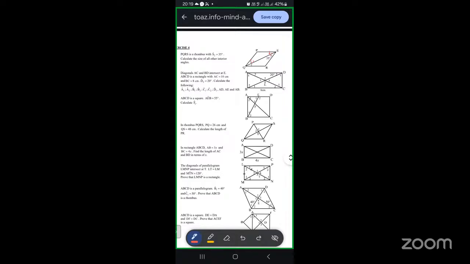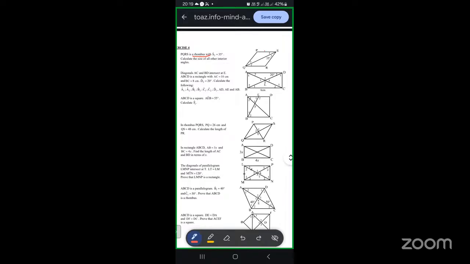But in order for you to work with something, you don't have to jail yourself with only the rhombus just because they said this is a rhombus. That is why I always advise you guys, when you hear that PQRS is a rhombus, you go to your diagram and highlight the properties of a rhombus. All sides of a rhombus are equal.